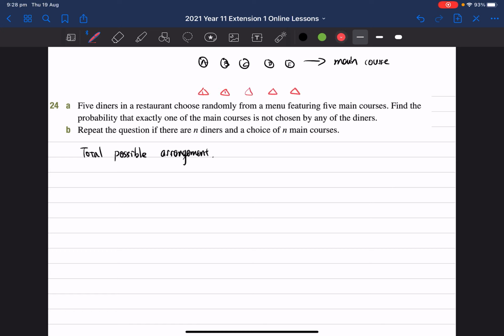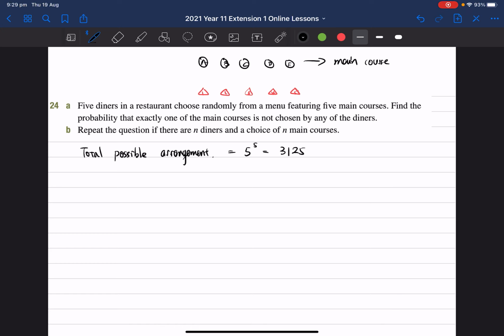Now, each person will have 5 choices. I can choose A or B or C or D or E, and the same with the other people. So each person has 5 choices, and we've got 5 of them, therefore that's 5 to the power of 5, which is 3,125.